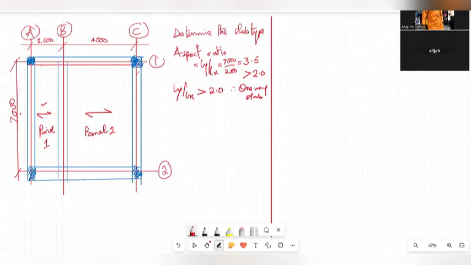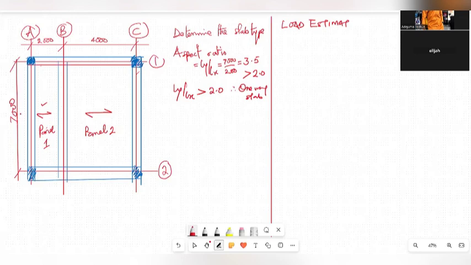So, let me call it load estimate. All right.